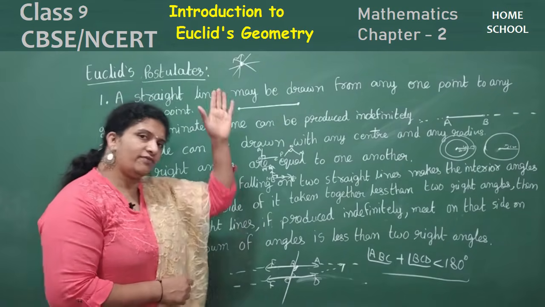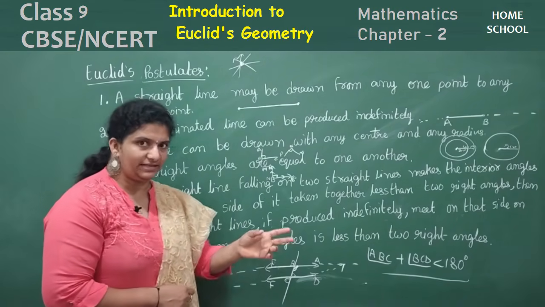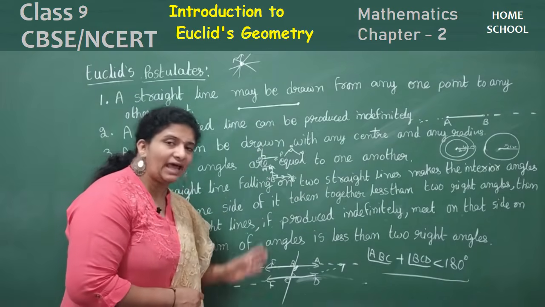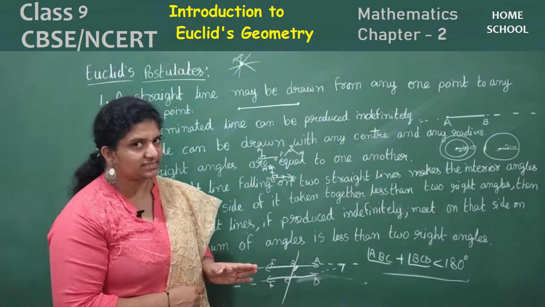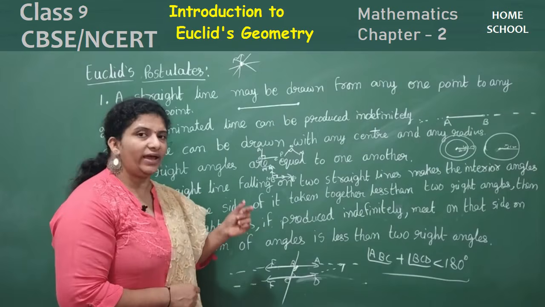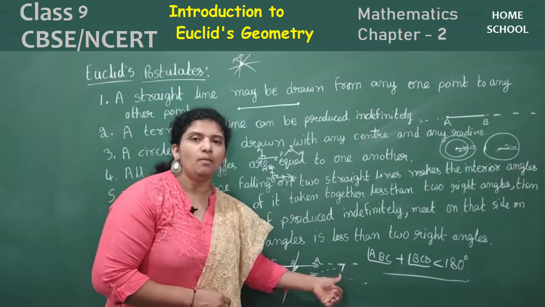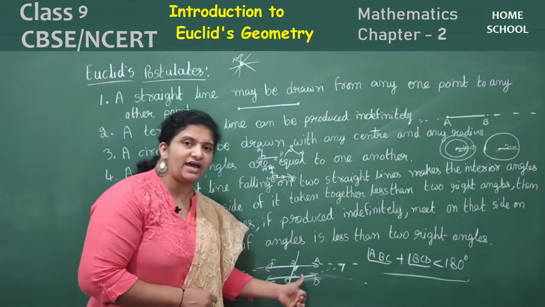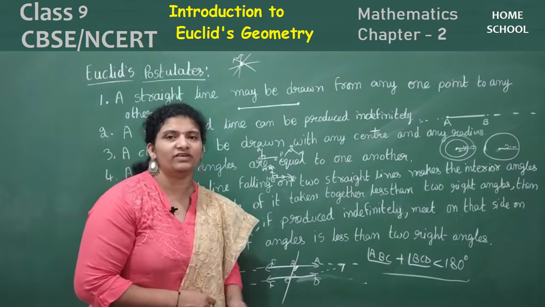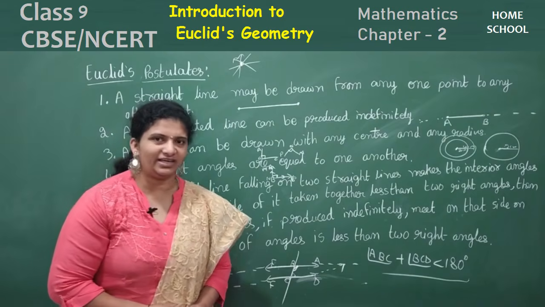Fifth one, if a line falling on two lines makes the interior angle sum less than 180 degrees, when those lines are extended, they are going to meet at one point, on that side of the transversal where the interior angle sum is less than 180 degrees.